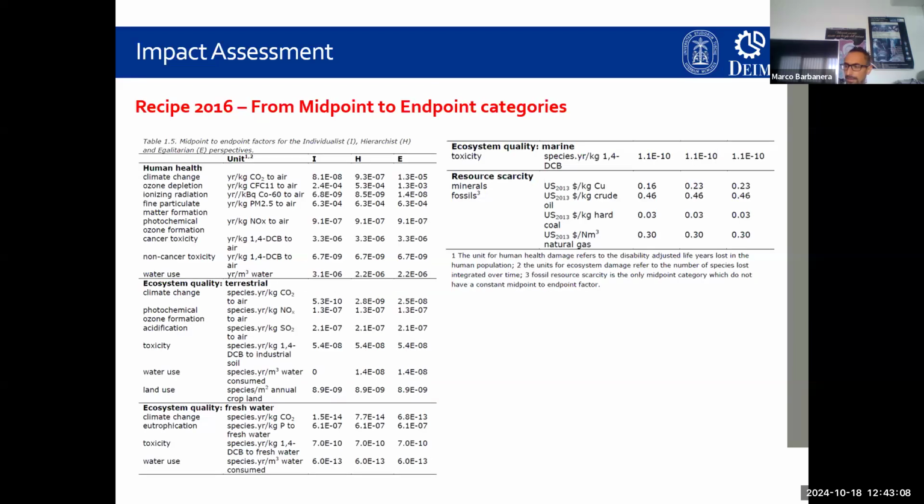Okay, so we can stop here. Next Wednesday, you will have the lesson with my colleague Lorena Foschi. With Lorena, you will see the SimaPro software with some examples. And then next Friday, we'll have our last lesson for this first part of the course.